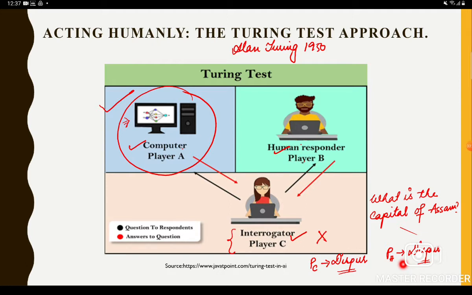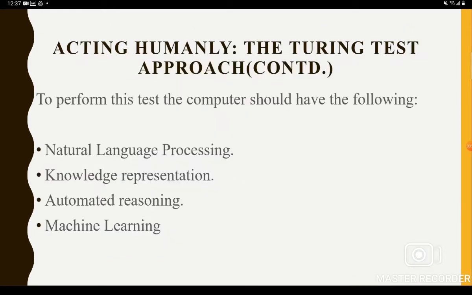intelligent or not. In order to perform the Turing test, the computer should have natural language processing, knowledge representation, automated reasoning, and machine learning. Natural language processing enables the computer to communicate successfully in a particular language, it might be English, to be very generic.